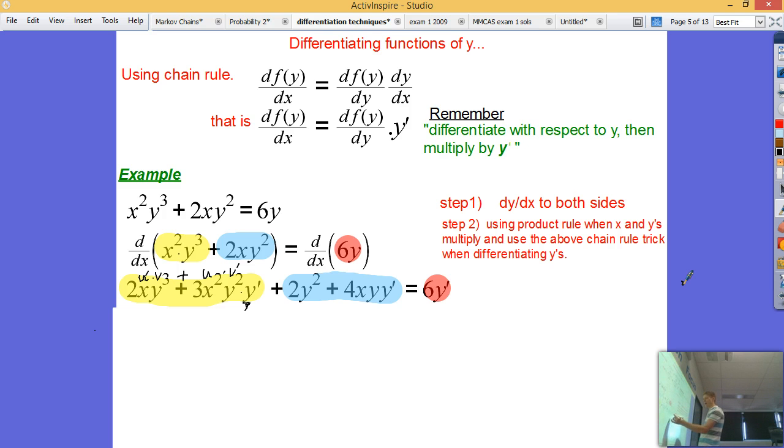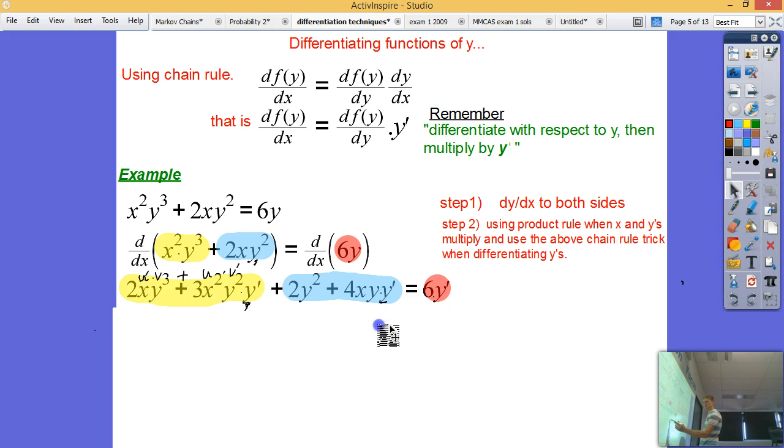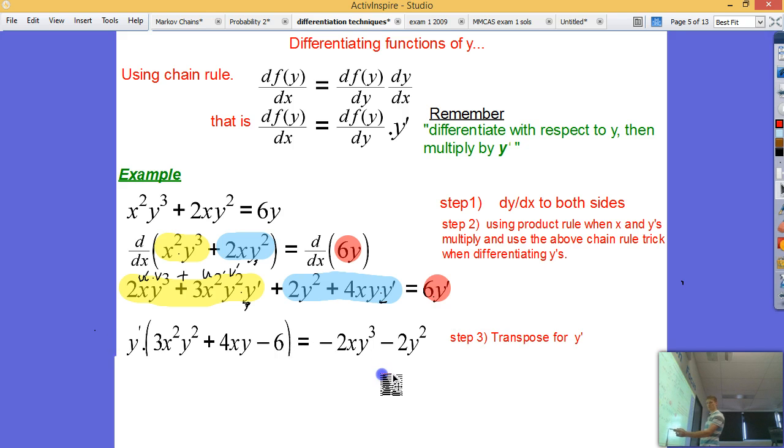Product rule, and when we get to differentiating the y squared with respect to x, first do it with respect to y and then multiply by y dash at the end, okay? And keep in mind, we also must do the same thing to the right hand side also. So this 6y becomes 6y dash. Okay, the derivative of y with respect to x is just y dash. Okay, so that's how we're going to do it in full, find the full derivative.